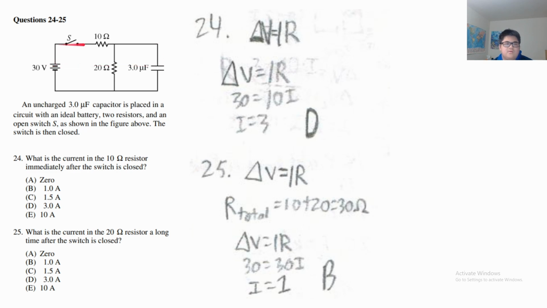Instead, current would only go through here, and therefore the equivalent resistance would be equal to the resistance of these two resistors added together, because they're in series. So the equivalent resistance is 30 ohms, and then we take the V equals IR equation, and we end up getting the current is equal to 1 amp. So the answer to question 25 is B, 1 amp.